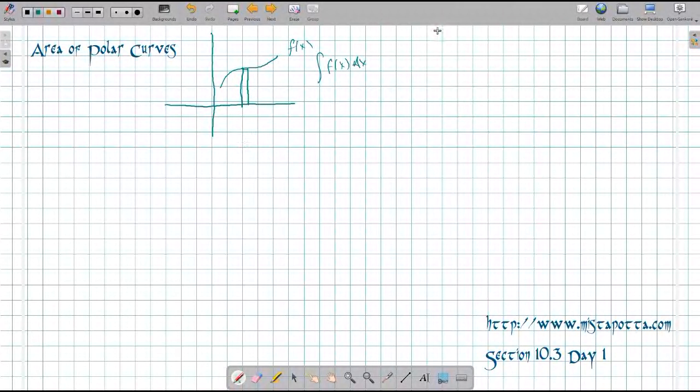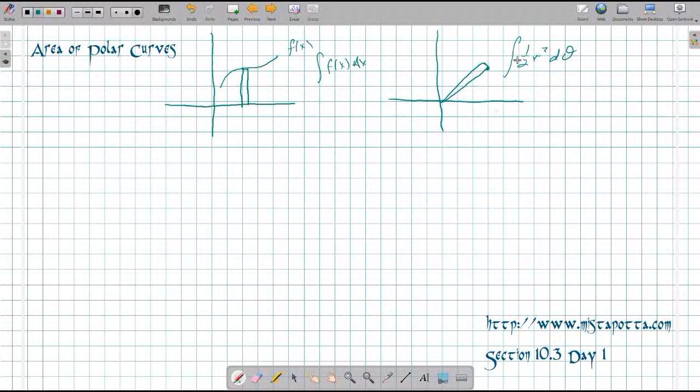But for polar curves, because my curve is going out to a point, and then as theta increases, I'm going out to a different point, this actually ends up being a sliver of a circle. And so it ends up being 1/2 r squared d theta when I actually want to integrate this.